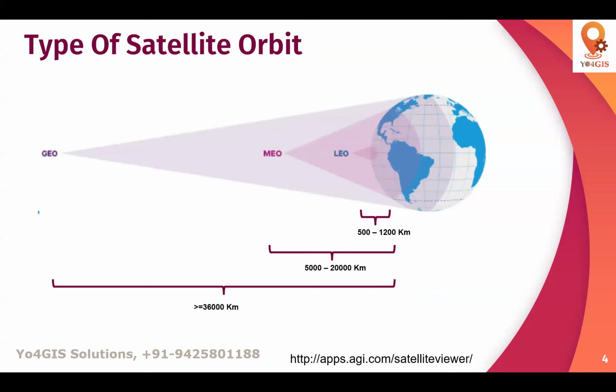For the LEO, low earth orbit satellite, normally if the satellite distance is between 500 to 1200 kilometers, then this type of satellite comes under the LEO category.